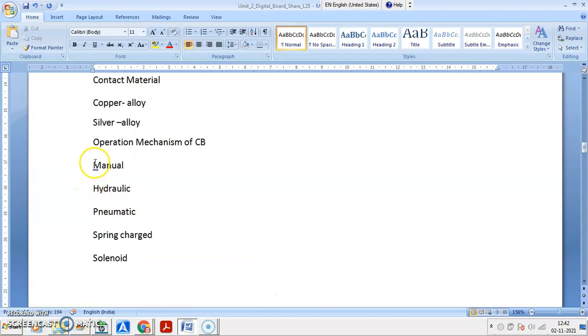So these are different types of operations used for opening and closing of the circuit breaker.